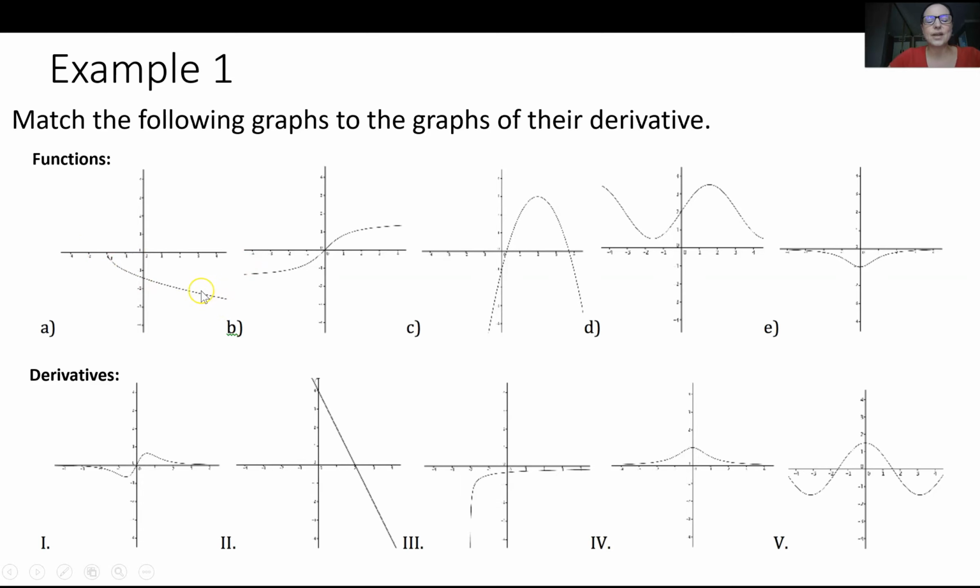That translates to a graph where all the y values are negative, because the slopes of the original function correspond to the y values on the graph of the derivative. So if I look at all these, I only see one, this one right here, where the y values are all negative. They're all below the x-axis.